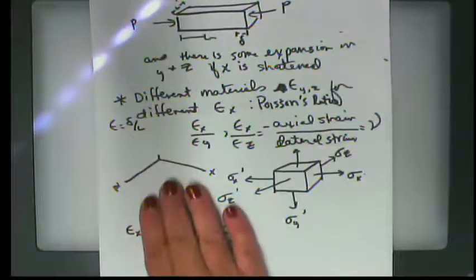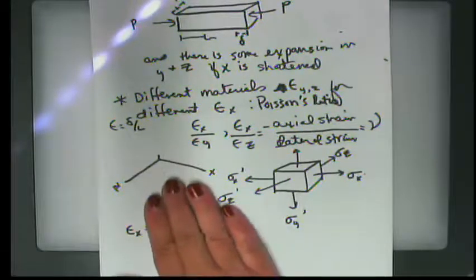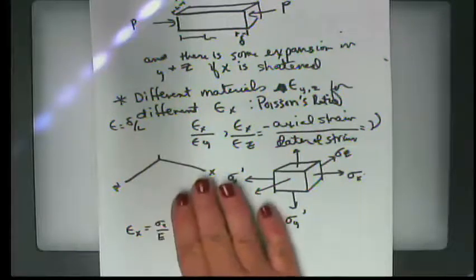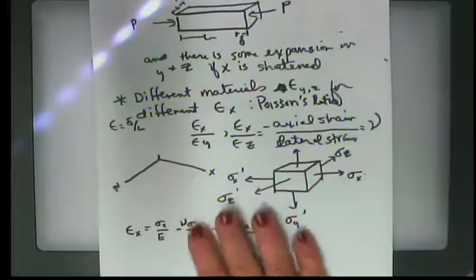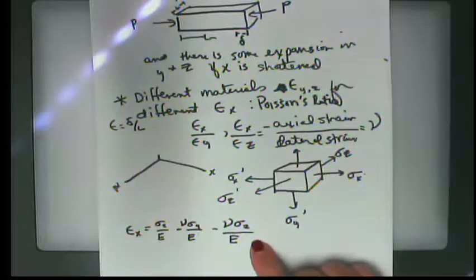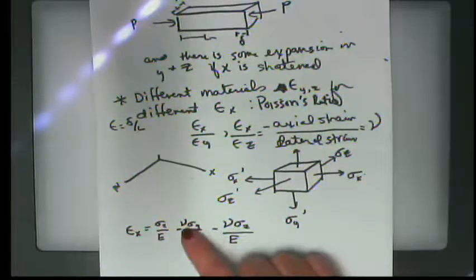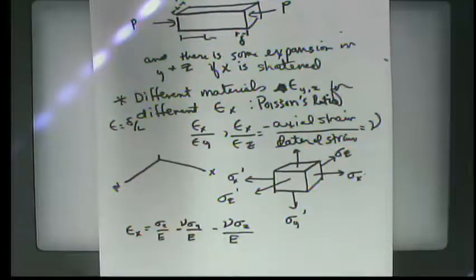So what I'm basically saying is the overall change in dimensionless length on the x-axis is equal to the pull that I'm giving it in the x-axis divided by the modulus of elasticity, minus the changes that are occurring on the other two axes. And the relationship between those two is Poisson's ratio.